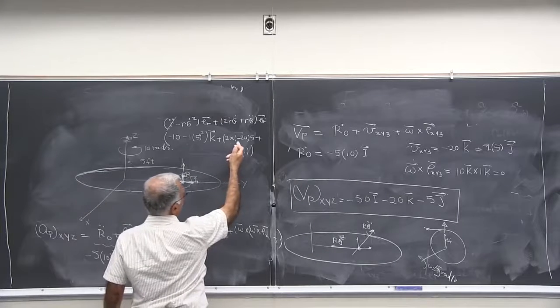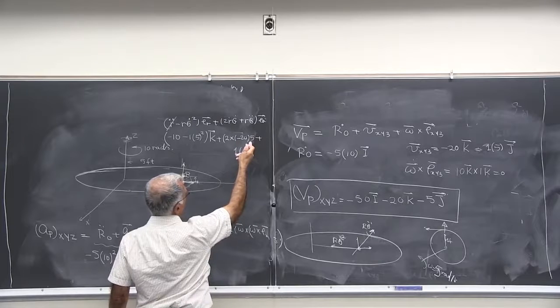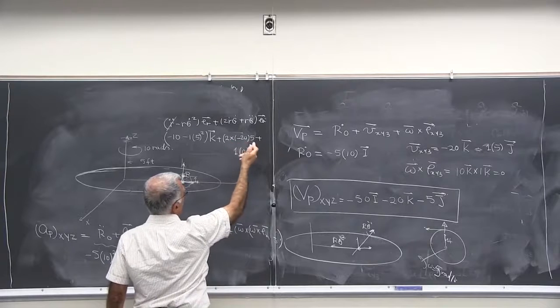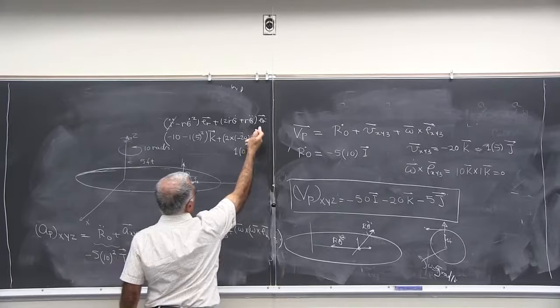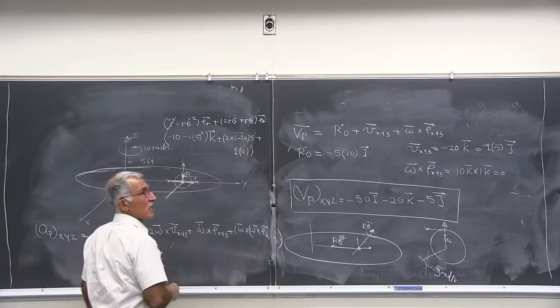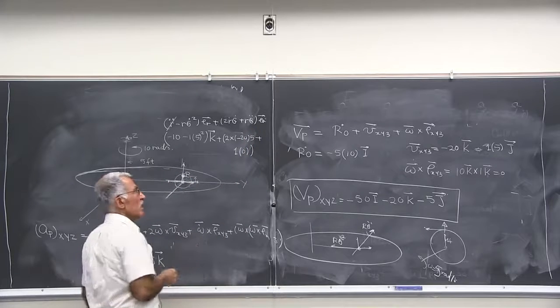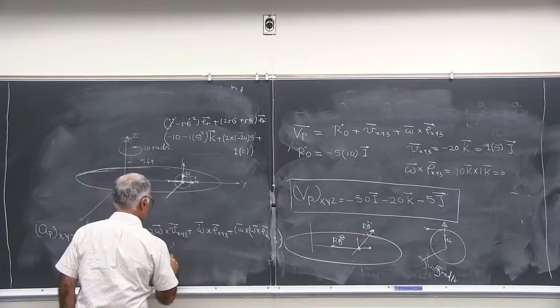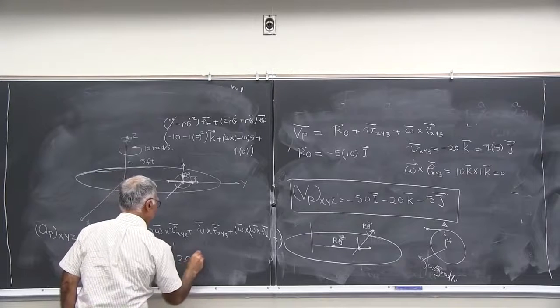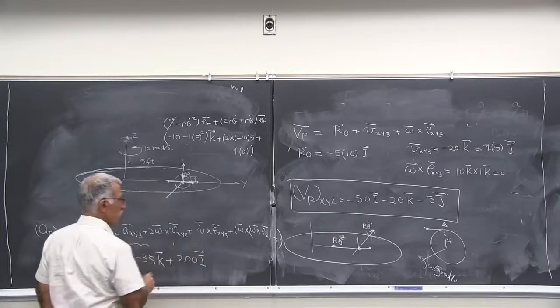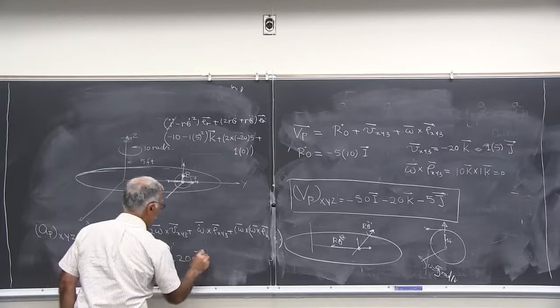So that becomes 40 times 5, so that becomes 200. That basically becomes 200 I. 200 J, I'm sorry.